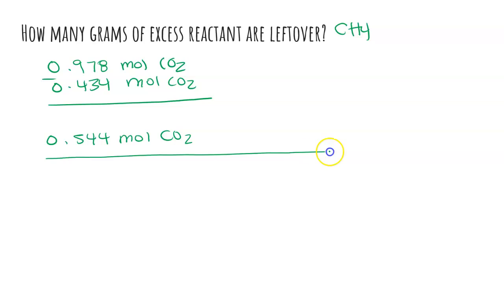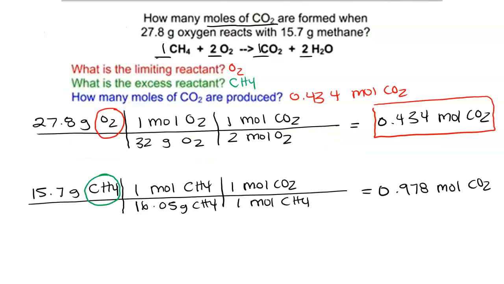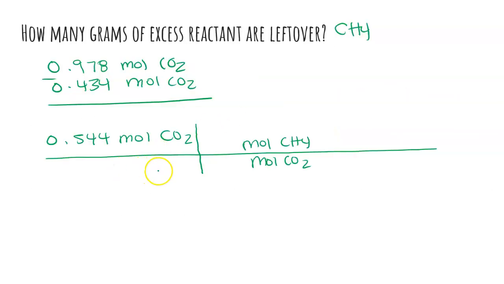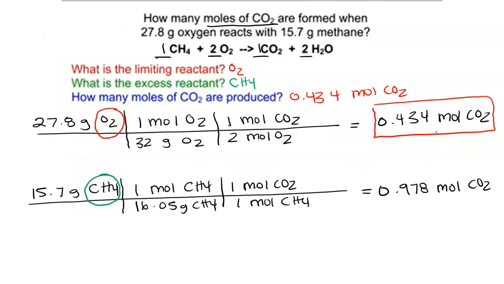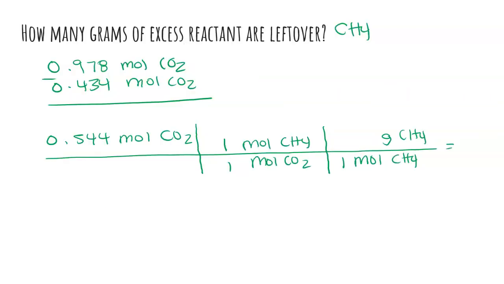I want to get that back to grams of CH4. So I'll first start with my mole ratio of the CO2 to the CH4. If I look back at the balanced reaction, I have 1 CH4 and 1 CO2. Then I want to turn that into grams. So 1 mole of CH4, and I have that value on the previous slide, is 16.05 grams.